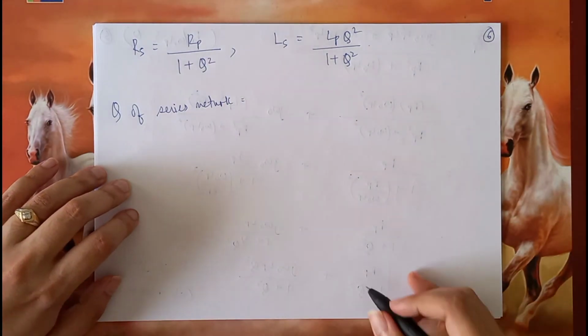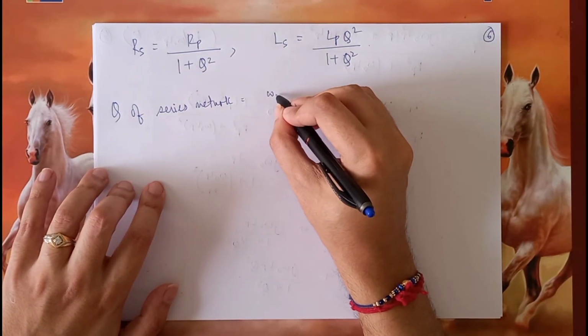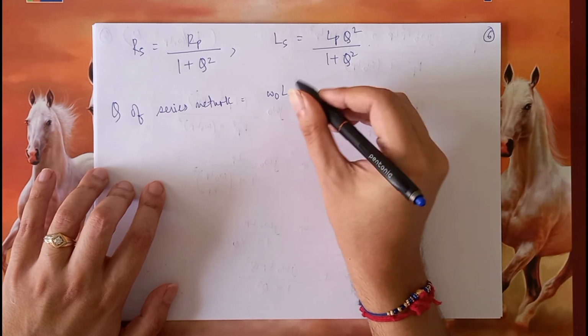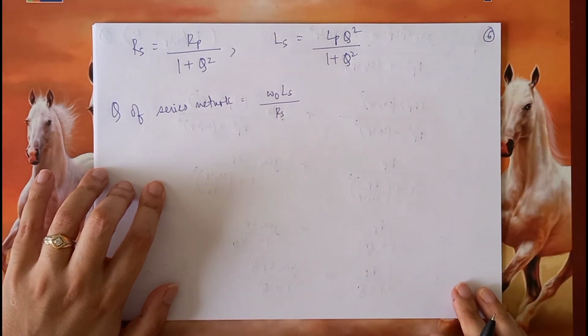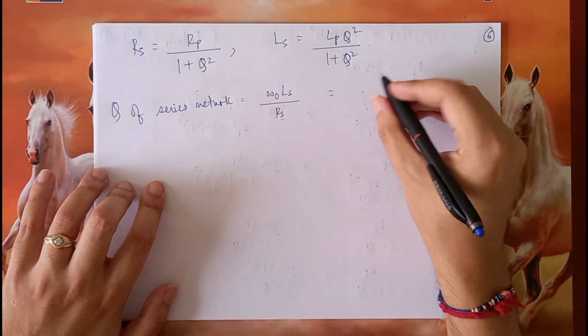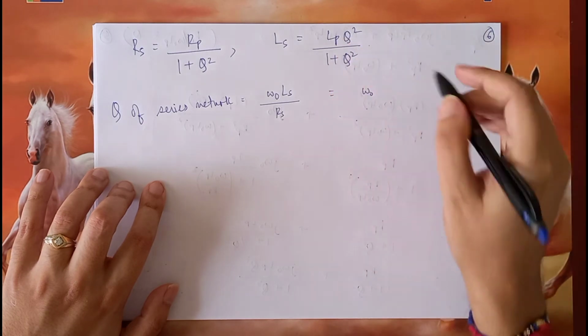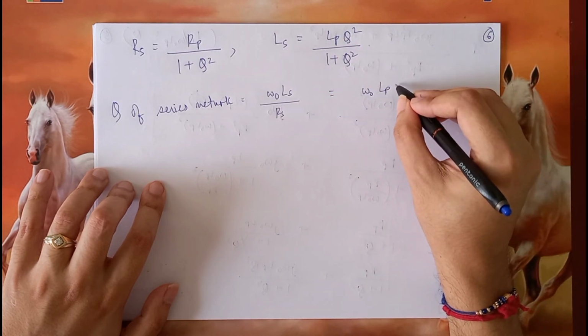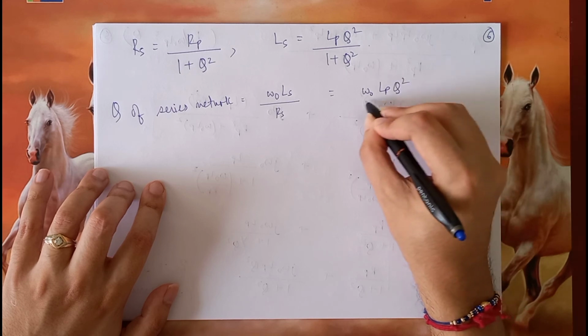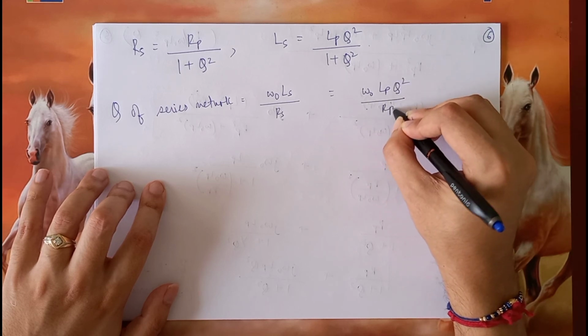The Q of the series network is nothing but omega 0 Ls divided by Rs. And what is that? Omega 0 Lp Q square by Rp.